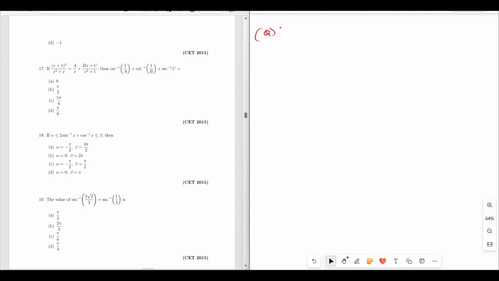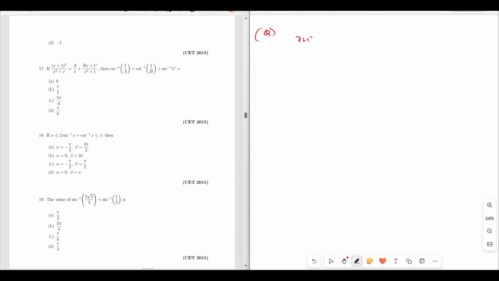If (x plus 1) whole square divided by x cube plus x is equal to a by x plus (bx plus c) by (x square plus 1). So basically it is a kind of partial fraction which is given. So let us try to simplify this.